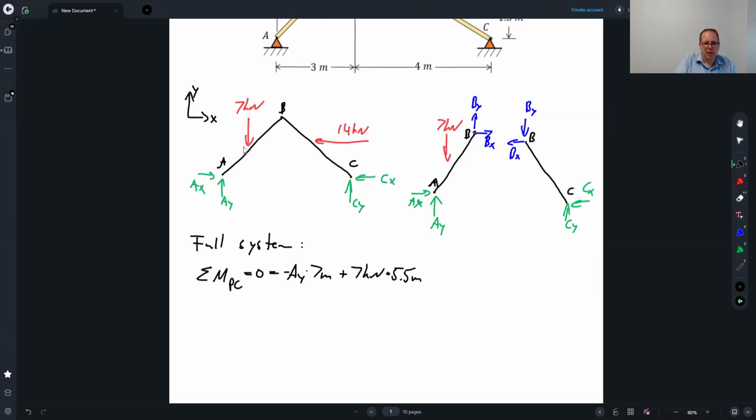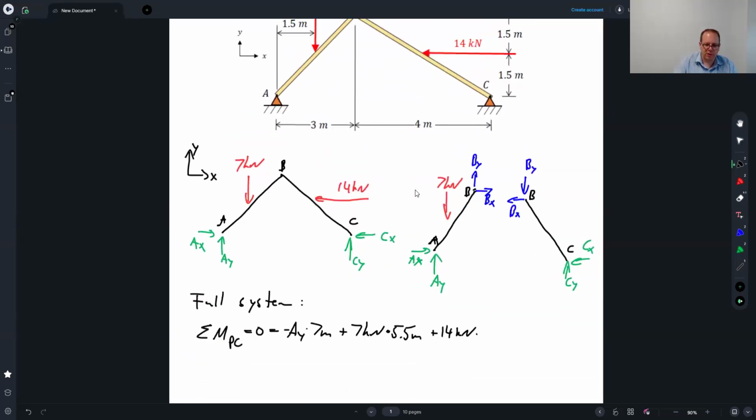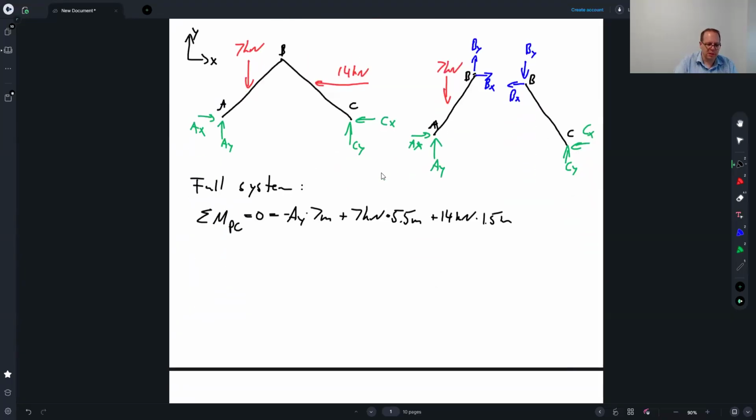Then I only have this one left, and that is turning counterclockwise, so positive: plus 14 kilonewton times, what's that height? 1.5 meters. And for C, of course, there's nothing there because I'm doing the moment about C.